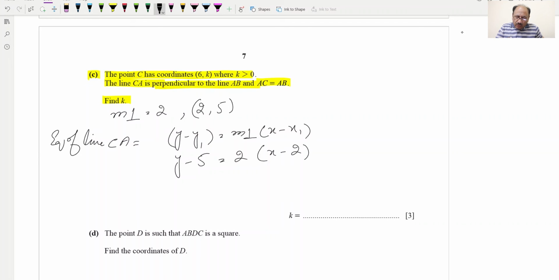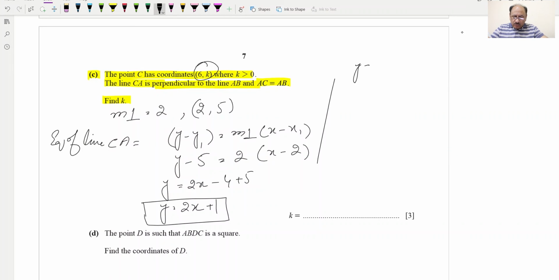So now we can write it in y is equal to mx plus c format. So y is equal to 2x minus 4 and minus 5 we will shift to the other side, so it will be plus 5. So y is equal to 2x plus 1. This will be the equation of CA.